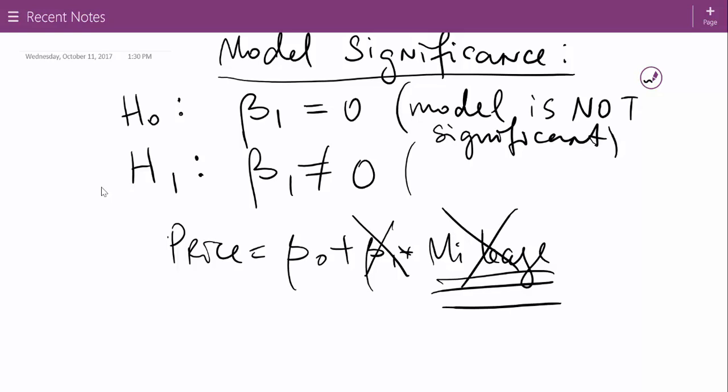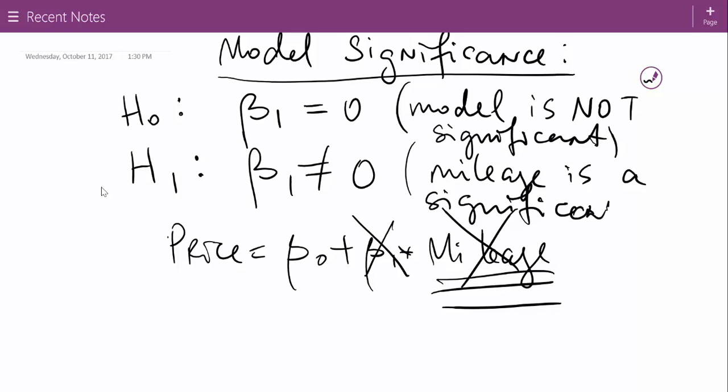It is attached to a non-zero slope. So therefore, I'm going to say here that mileage is a statistically significant variable. I'm going to abbreviate variable. And that's what I'm going to test.